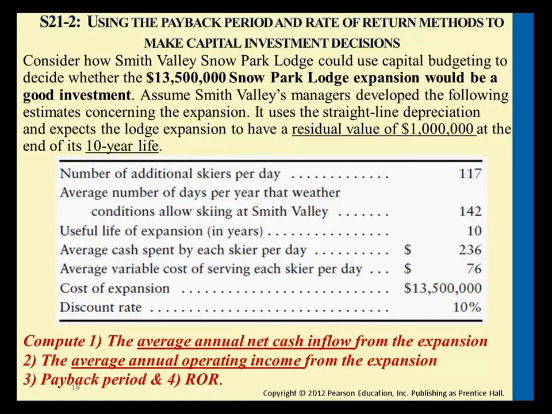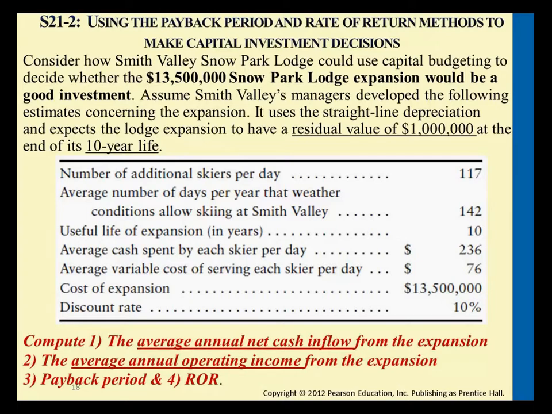So here's what they have. Their number of additional skiers per day is 117. Average number of days per year allowing use of that skiing facility is 142. Useful life of expansion is 10 years. Average cash spent by each skier is $236 per day.